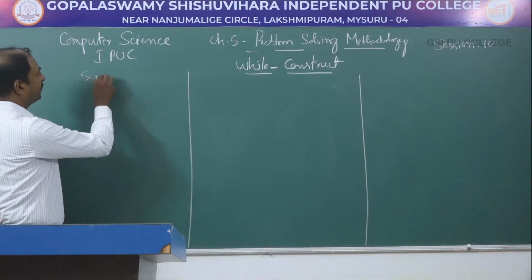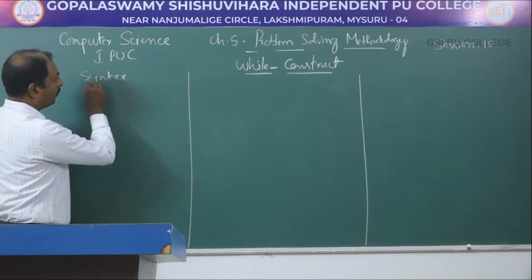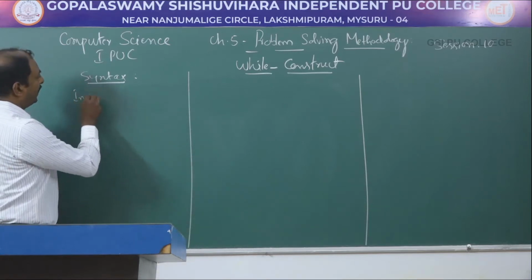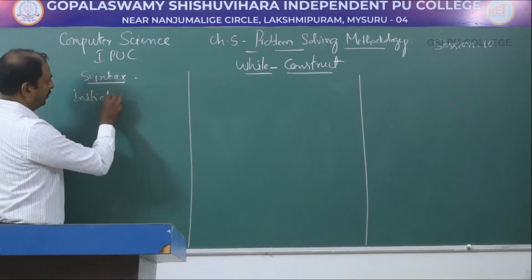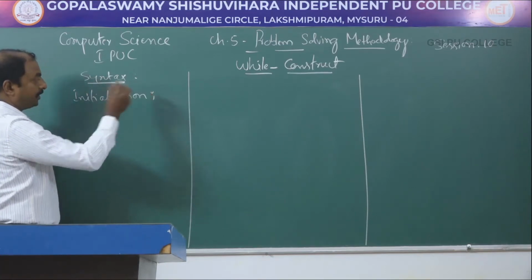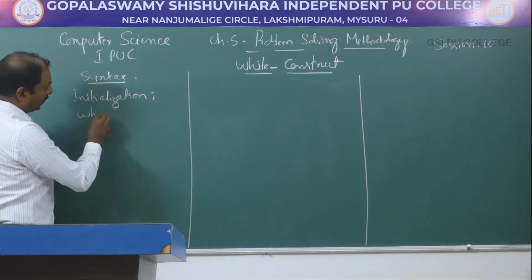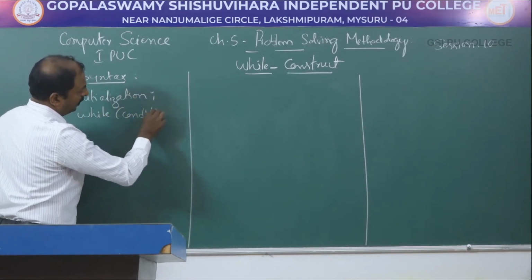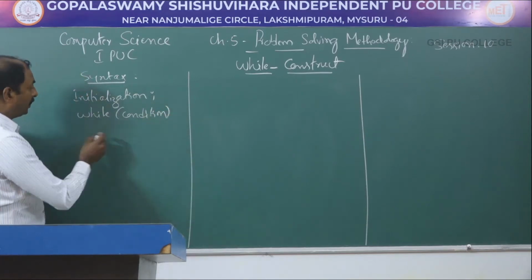The syntax of the while construct: first is initialization, followed by a semicolon. Next is while, and here is the condition, with no semicolon here.